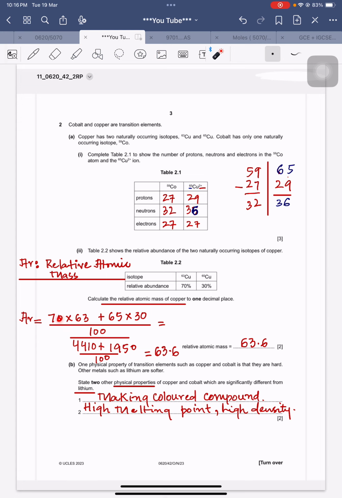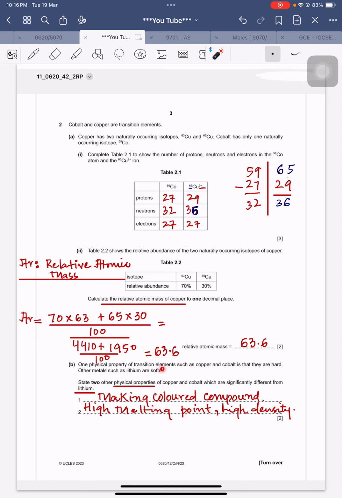It is the abundance multiplied by its mass, or you may say percentage by the atomic mass, plus percentage by the atomic mass. So we are just multiplying the percentage with the respective atomic mass, divided by 100. So one of the isotopes is 70% and its atomic mass is 63, whereas the other is 30% and its atomic mass is 65, divided by the total, which is 100. We have done this whole working. The answer is 63.6. Okay.